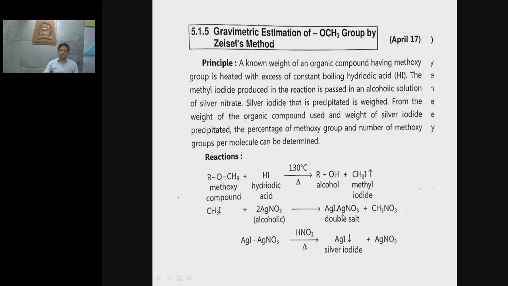Firstly there is a formation of double salt AgI.AgNO3 and CH3NO3, and this double salt is heated in presence of nitric acid. So there is a formation of a precipitate of silver iodide, and from the weight of the silver iodide we can calculate the percentage of methoxy group and the number of methoxy groups.